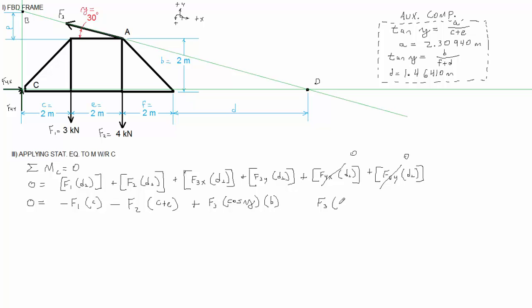F3's y component is F3 times sine gamma. And F3's y component is here at point A going up. Its perpendicular distance is also C plus E. And it will also produce a positive moment.